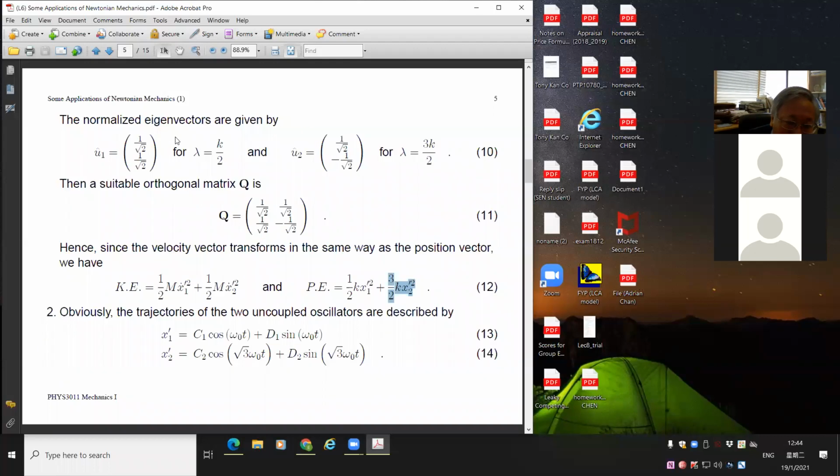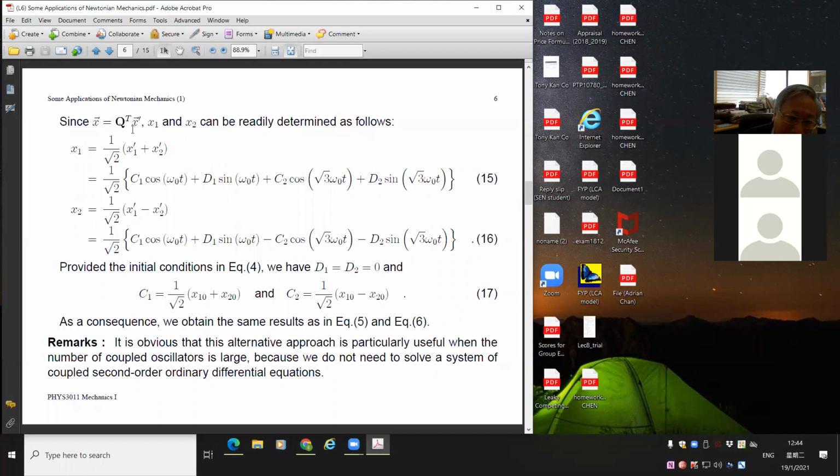So once we know x1 prime and x2 prime, we transform back, okay? We apply the inverse of Q to this x prime vector to get back the original x vector. So x1, x2 are given by this.